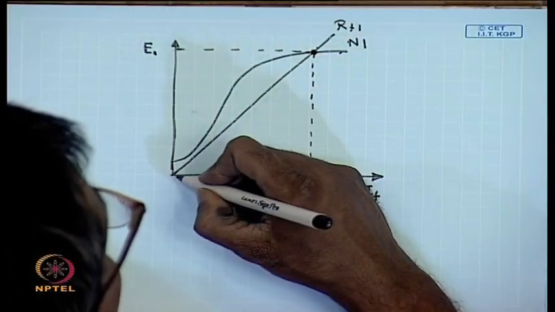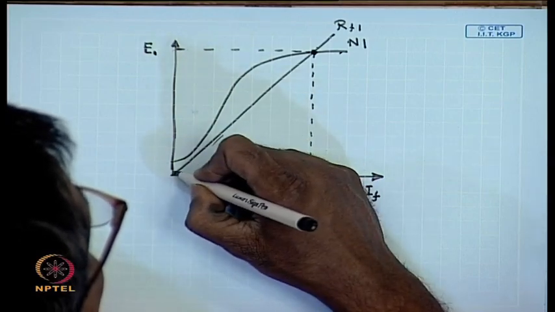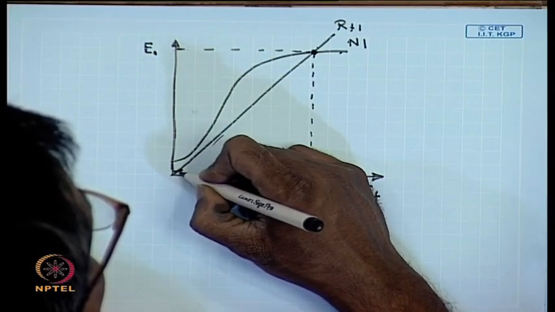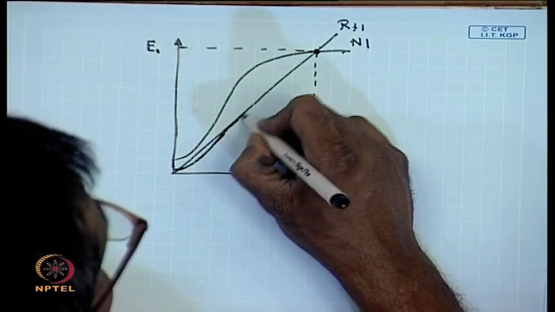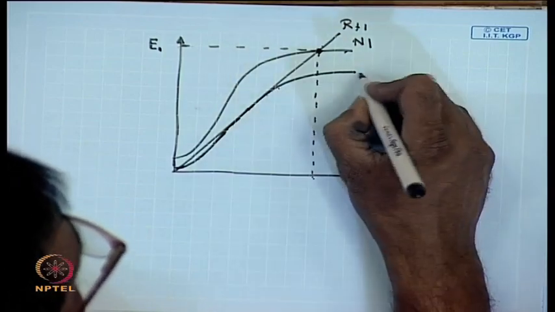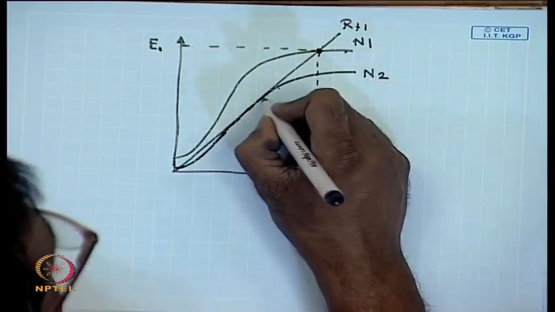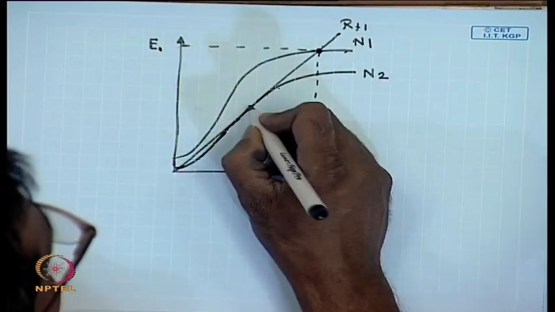So, at another speed n2, it is entirely possible that with the same field resistance, the OCC is now tangent to the field load line.